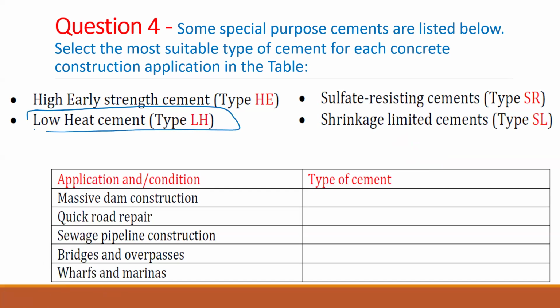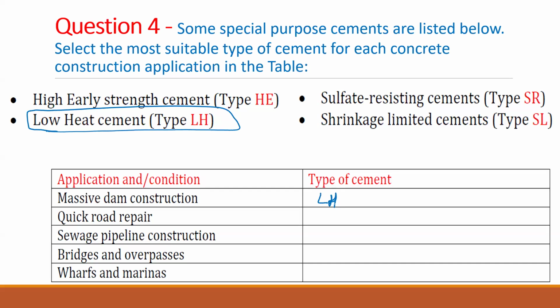Low heat, isn't it? But don't you also need shrinkage limited cement? Low heat cement is needed to reduce the thermal cracks. Shrinkage is not the problem in the dam.